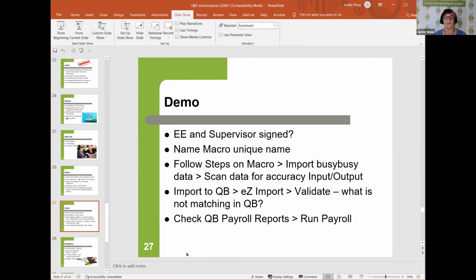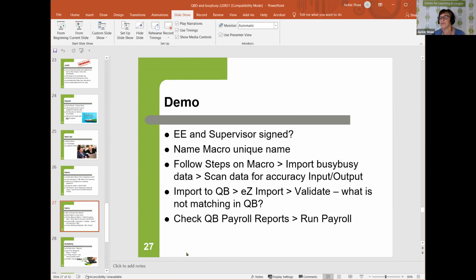Oh, got it. Okay. So this is very similar in that it's going to be pulling the time data for an entire pay period and putting it into QuickBooks. And so I think it's going to be similar to what you're doing now, where it's, and Ryan, is there any little hack or workaround that you know about?